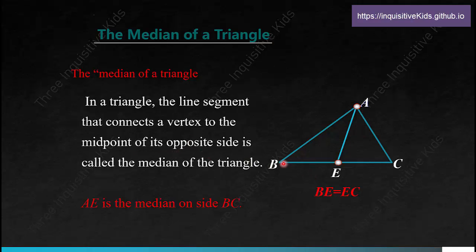So the side vertex A in this triangle is facing is line segment BC, or side A, and halfway in BC is point E. Point E is halfway in between B and C, so that line segment that connects vertex A to the midpoint of its opposite side, which is E, is called the median of the triangle.